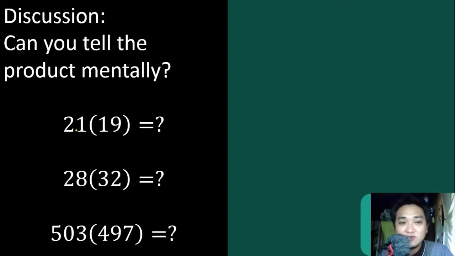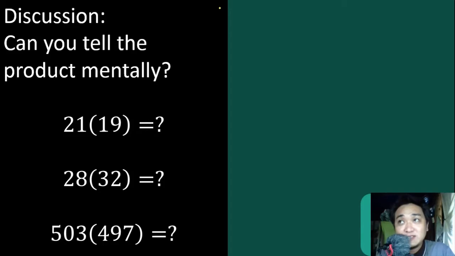Kung mapapansin nyo, 21, 19, 28, 32, 503, 497, may pattern sila. Actually, yung pattern nila, pwede natin silang express as the difference of squares of two numbers. So, paano yan?